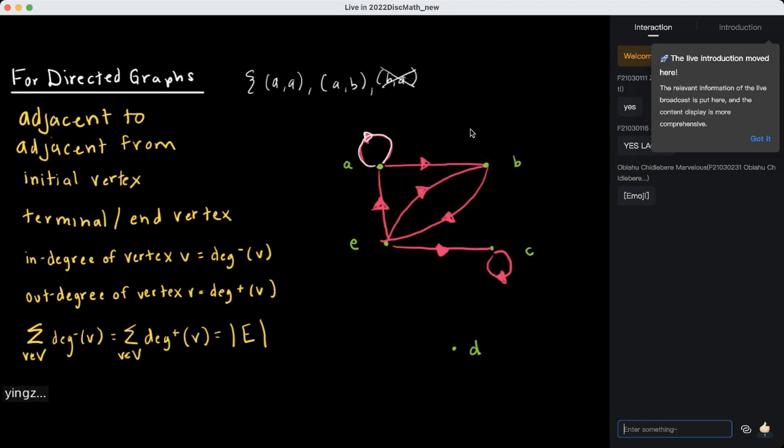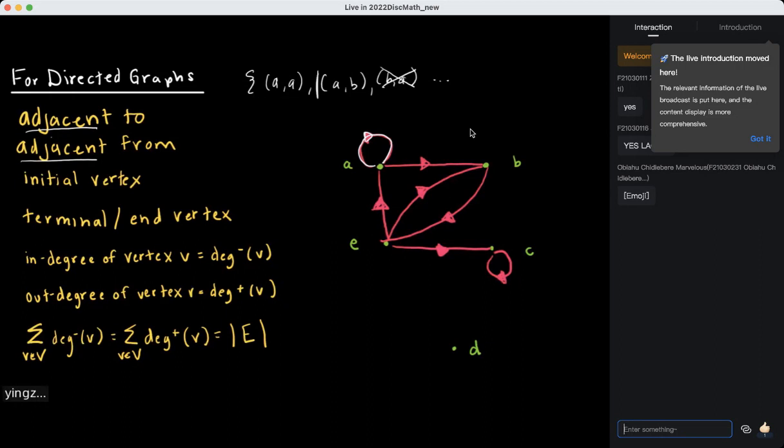Keeping that in mind, let's talk about the terminology for these specific graphs. Before we just said adjacent to, meaning that they were connected with an edge. Now we're saying you can have adjacent to and adjacent from.